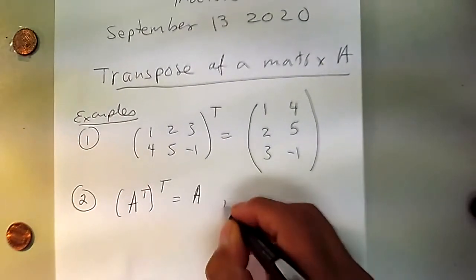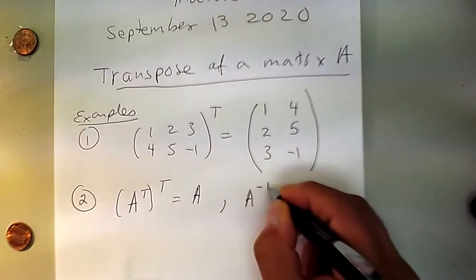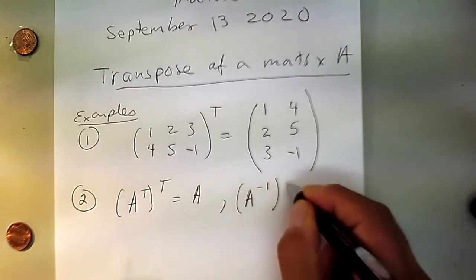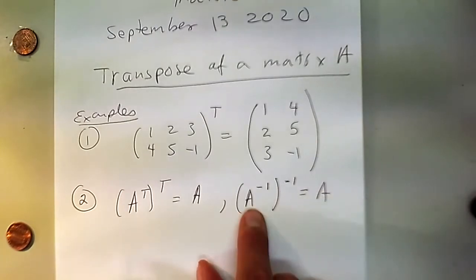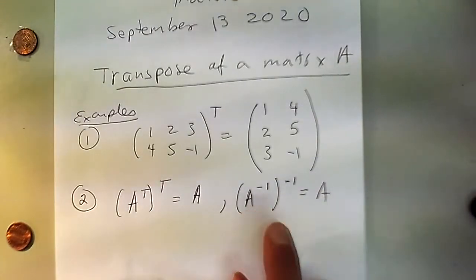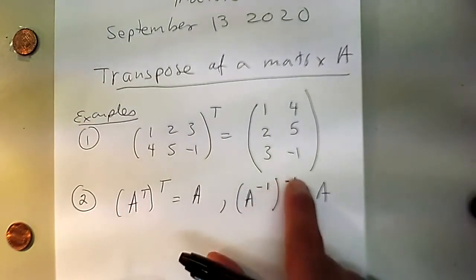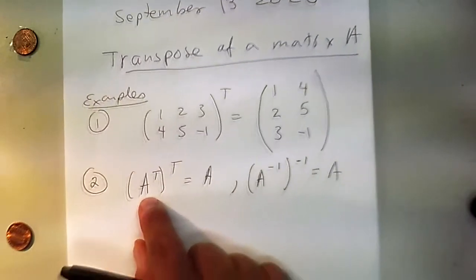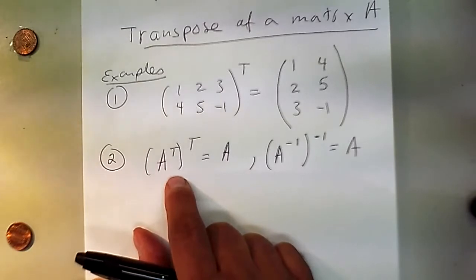There's an analogous property about inverses. Do not confuse inverses with transposing. The inverse twice gives us back the same matrix, assuming that the original matrix is invertible. Some matrices are not invertible, but if they were invertible and we find the inverse of the inverse, we end up with the original matrix, just like when we take the transpose of a transposed matrix.